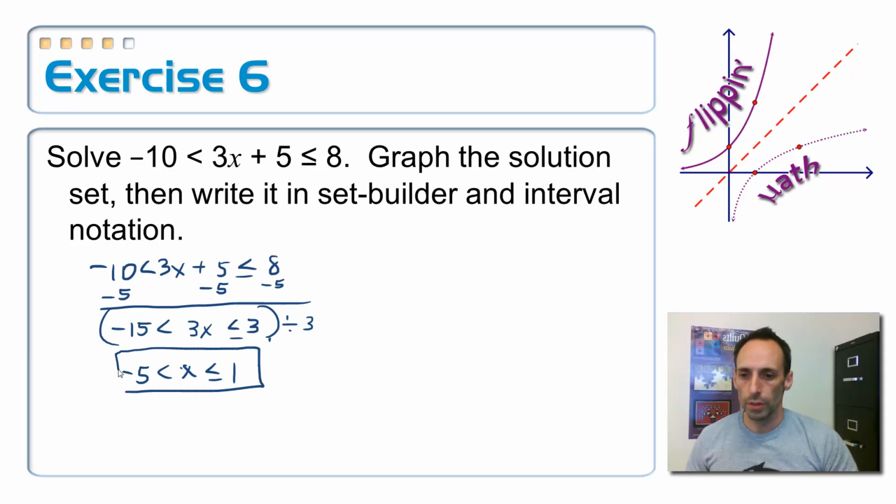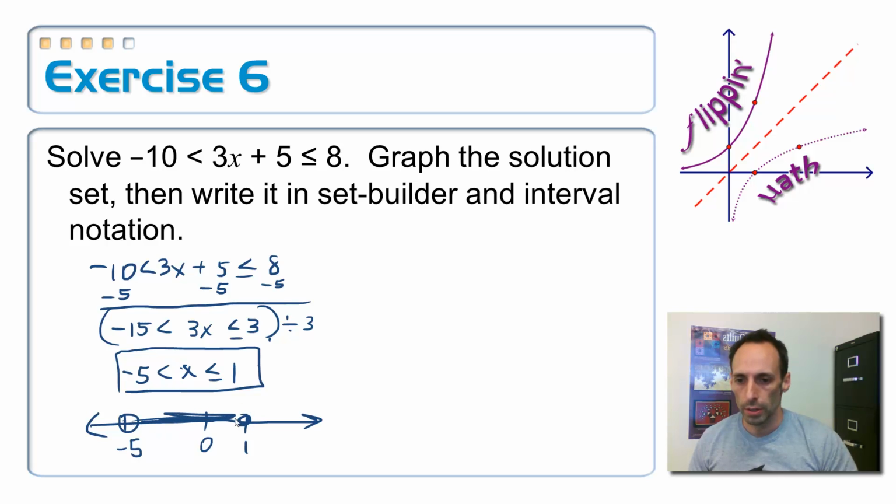So instead of just writing it like that, let's go ahead and graph it. Number line, I got a 0, a -5, and the 1. So it gets an open circle on the -5, the 1 gets closed, and that's colored in. That's easy.